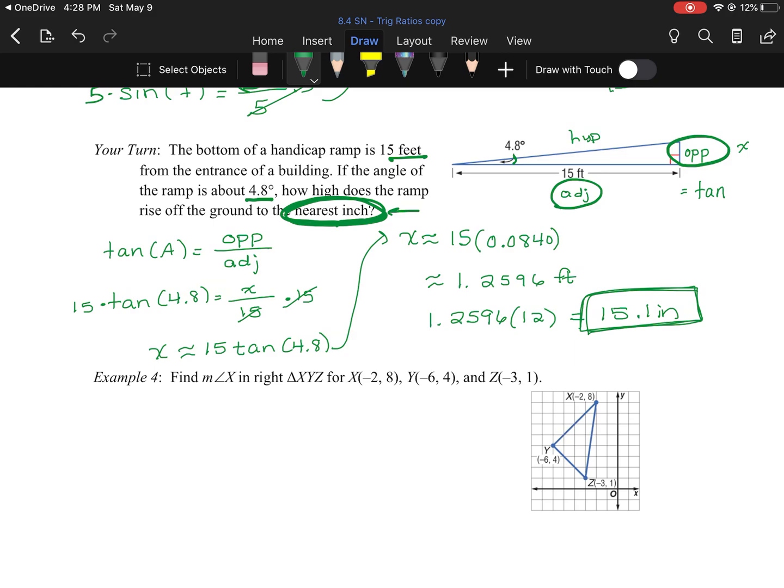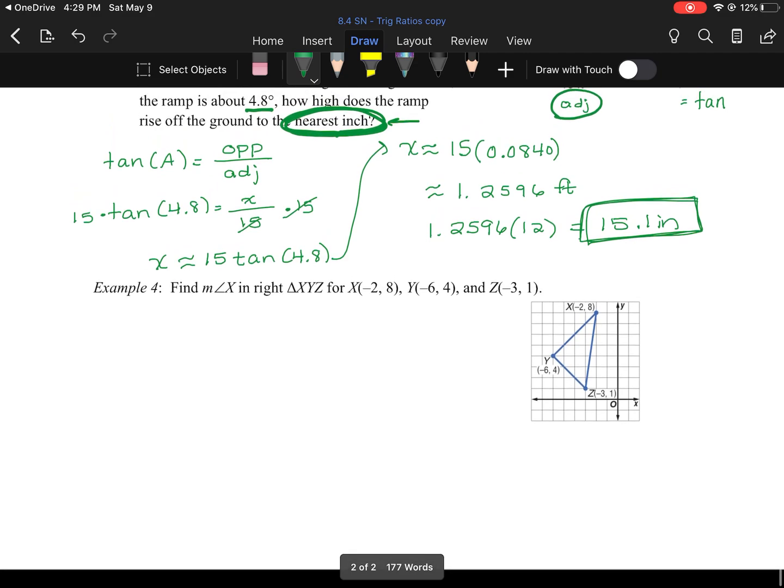All right, so hopefully you were able to do that one and get approximately 15.1 inches. So we are going to move on to the very last example.